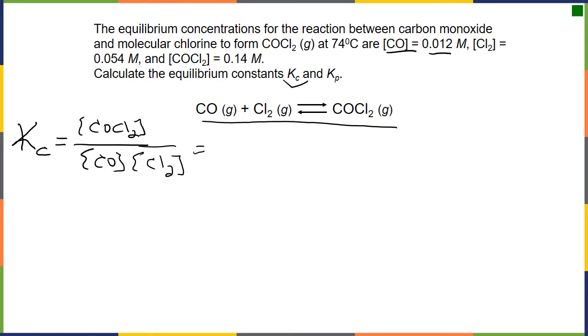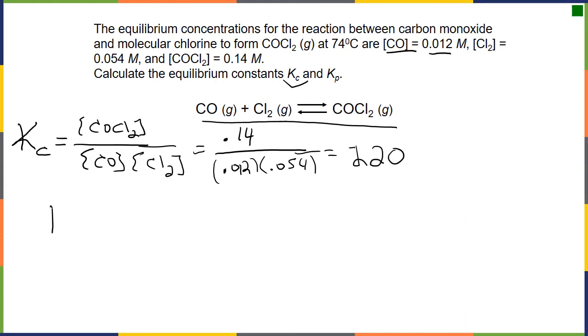Now, at equilibrium, and these are equilibrium values, we can plug in our concentrations. This is going to be 0.14 divided by 0.02 times 0.054. If we do the math, we discover that our K sub C has a numerical value of 220. We have two sig figs, so 220.